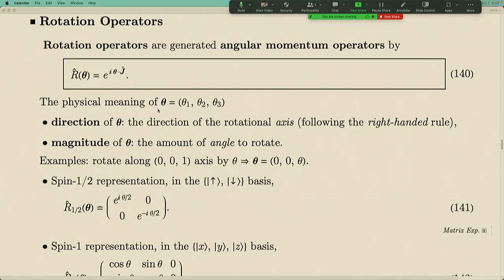Although this rotation at first glance doesn't look like any rotation, and doesn't have any intuitive physical meaning that it really rotates things along the z-axis, when you apply it to any quantum state, you can check it for another eigenstate, which is sigma y equals +1 or -1. You can also change the angle.